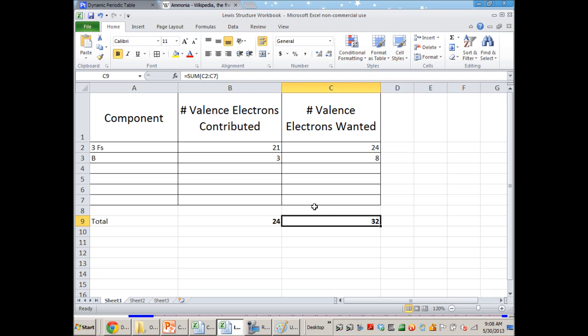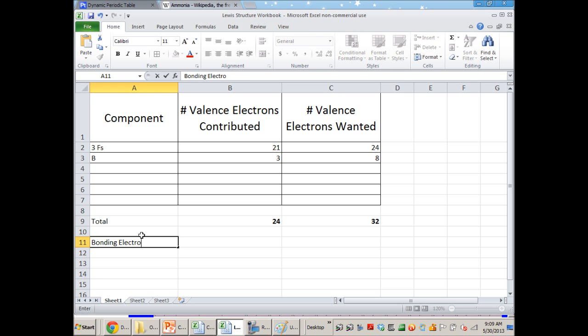So the difference between these two numbers, the valence electrons that you have versus the valence electrons you want to saturate the orbitals of the nuclei, it's just the difference of these two numbers. So bonding electrons is just the number wanted minus the number had, so that would be 32 minus 24. So there are going to be 8 bonding electrons.